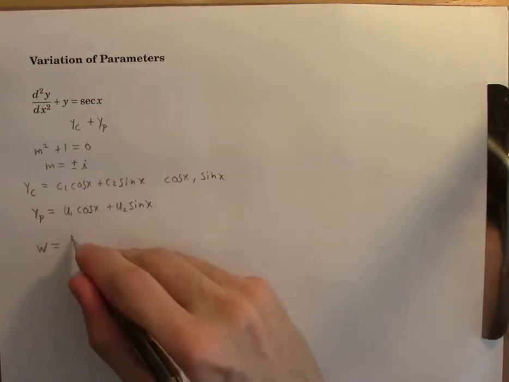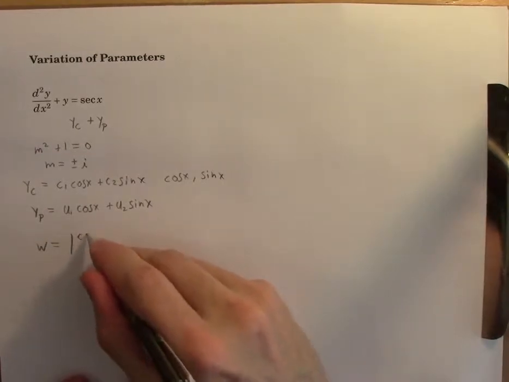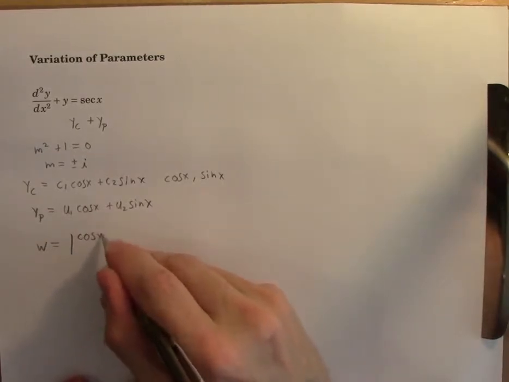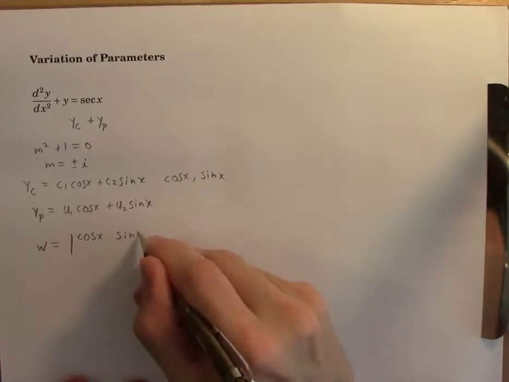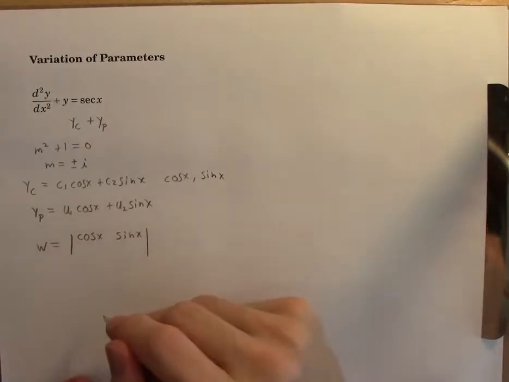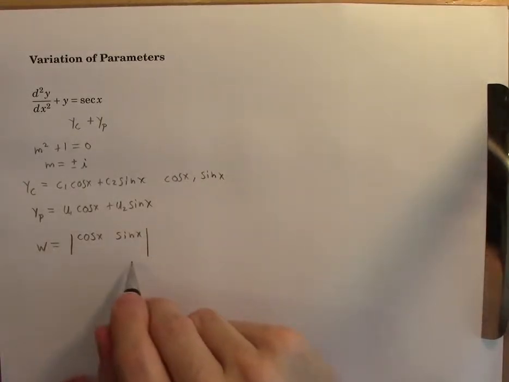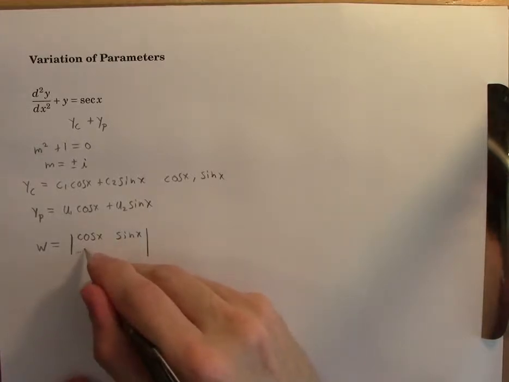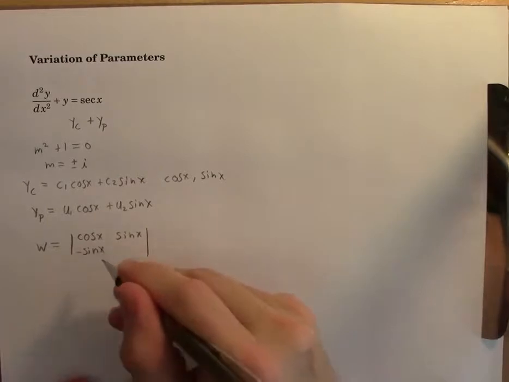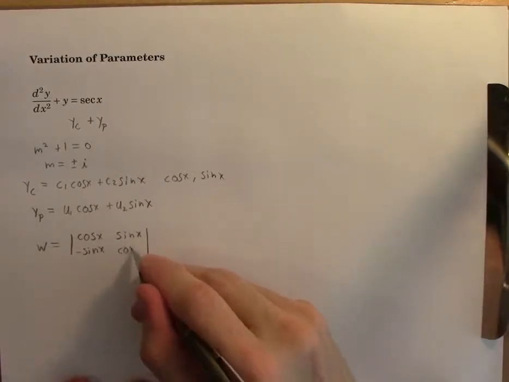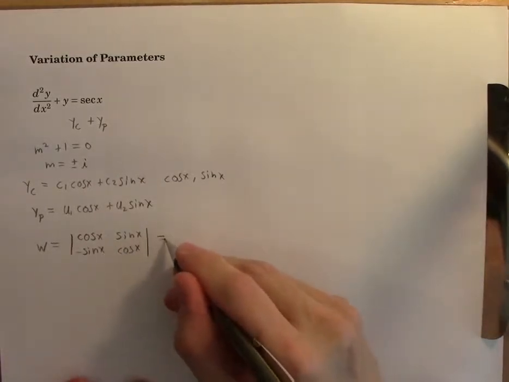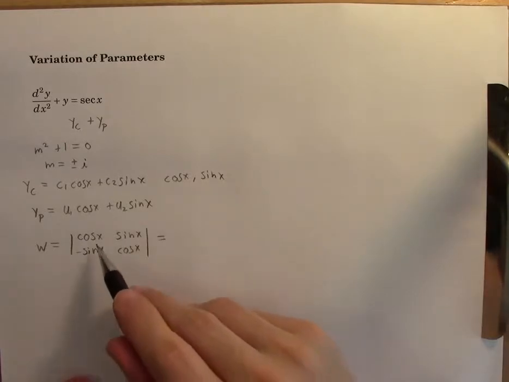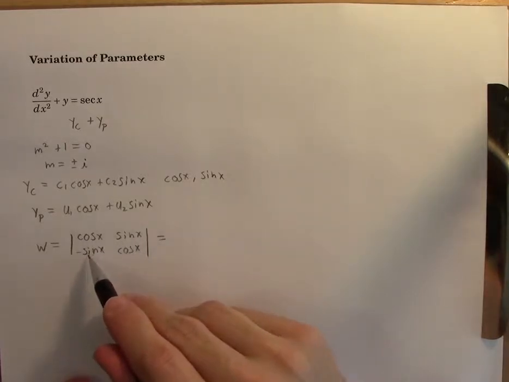So that's W is the determinant, cosine of x, sine of x is our two functions, and then the second row of the Wronskian is just the derivative of the first row. So we differentiate and get negative sine of x and cosine of x. To compute this determinant, we have to multiply across in both directions.